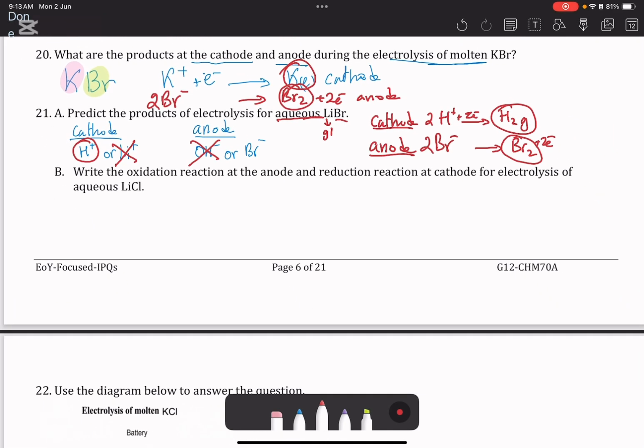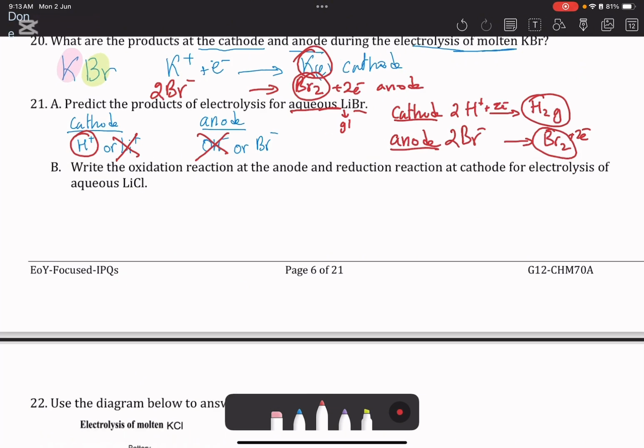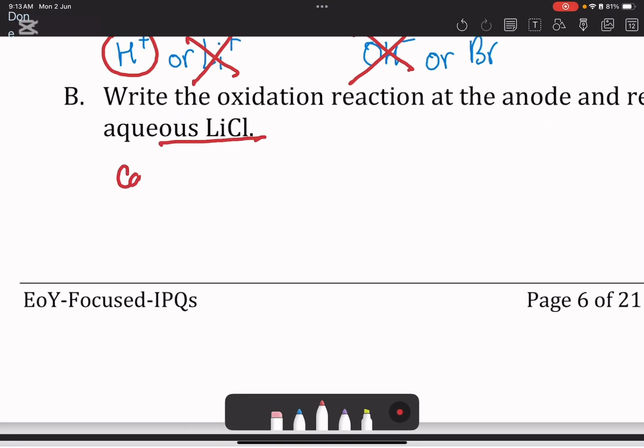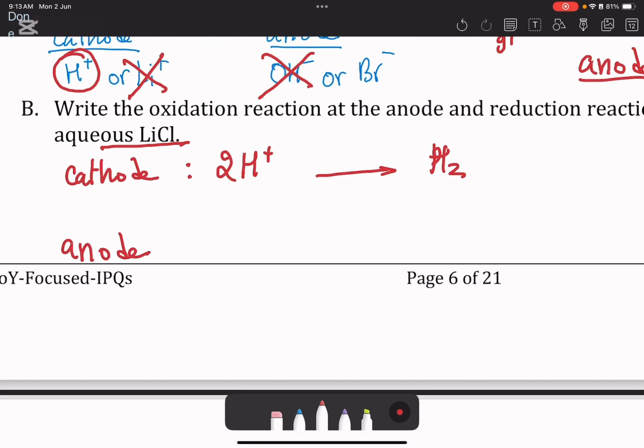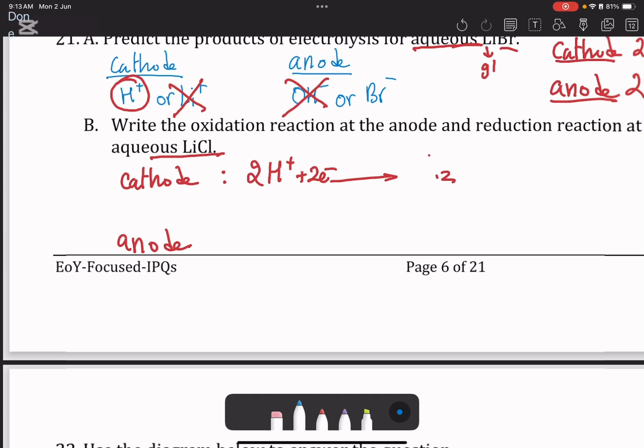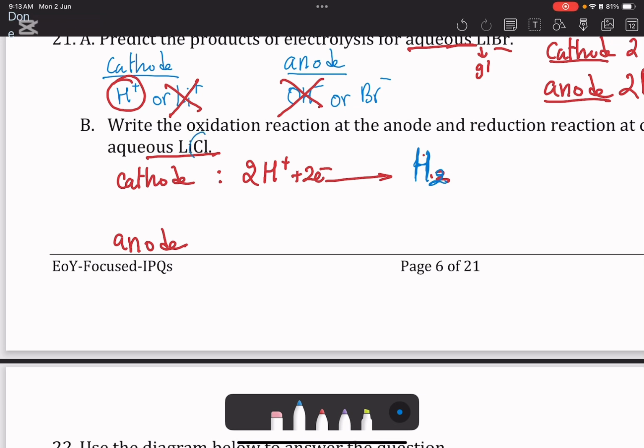Write the oxidation and reduction reactions at the anode and cathode for the electrolysis of aqueous LiCl. Again, Li belongs to group 1, so Li plus will not be discharged at the cathode. It's the H plus that is going to be discharged at the cathode, plus 2 electrons. Again, I repeat, there's a detailed explanation about the products of electrolysis in my video tutorial.